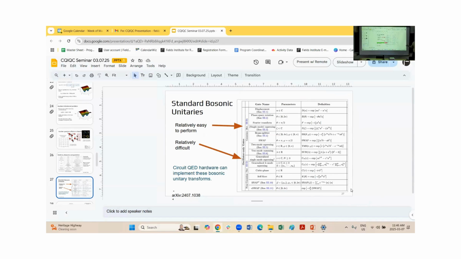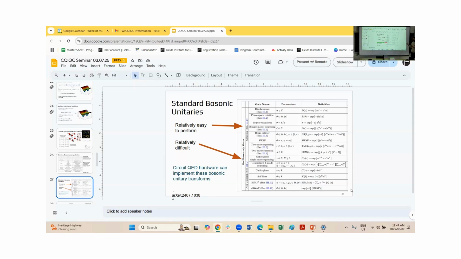On these bosonic devices, you can basically do universal operations on these bosonic variables. You have access to what are called Gaussian unitary operations, which take Gaussian states to Gaussian states, and you also have access to non-Gaussian unitary operations, which take Gaussian states to non-Gaussian states.